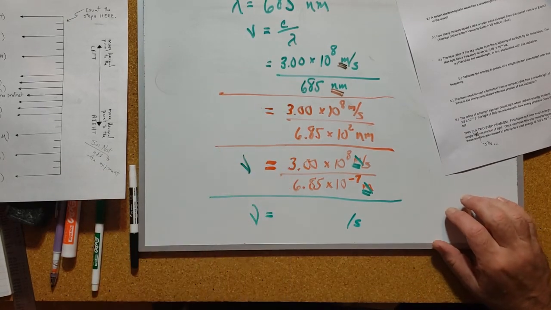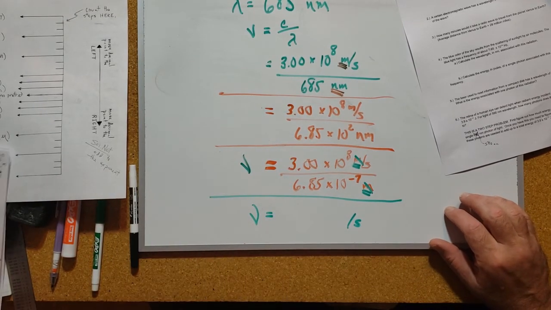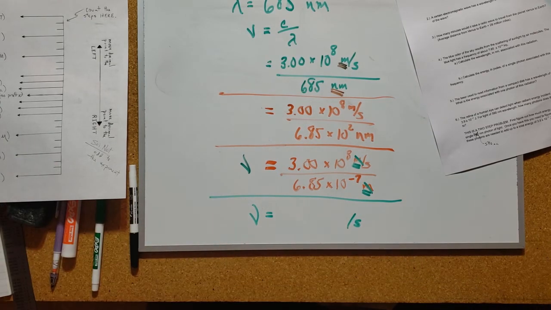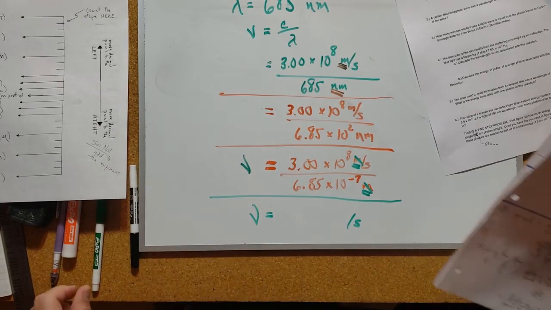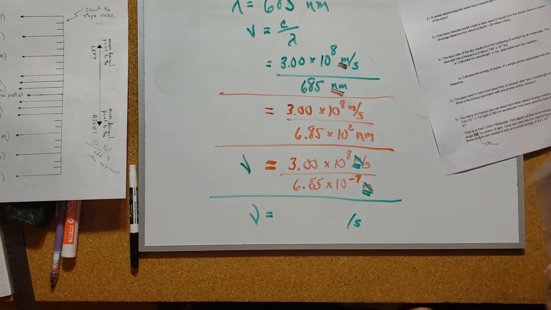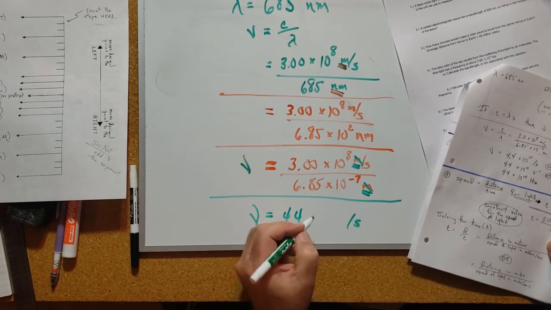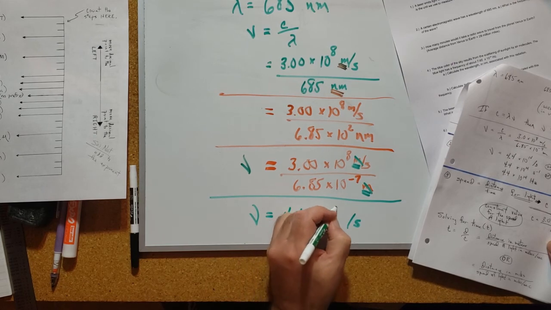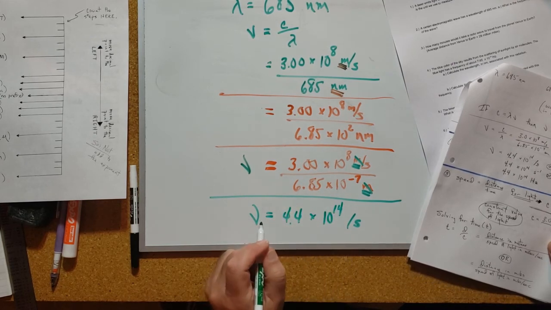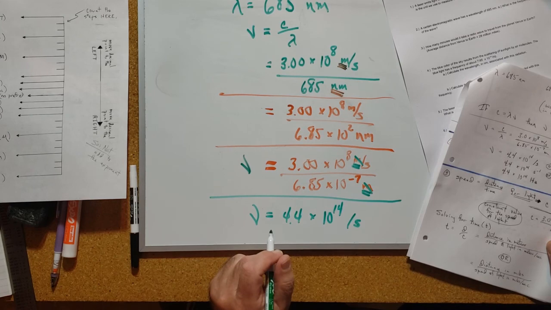Plug these two numbers into your calculator, and you will get an answer of 4.4 times 10 to the 14th hertz. So there we are.